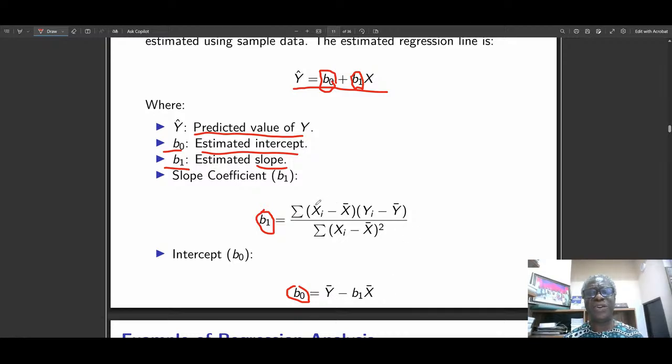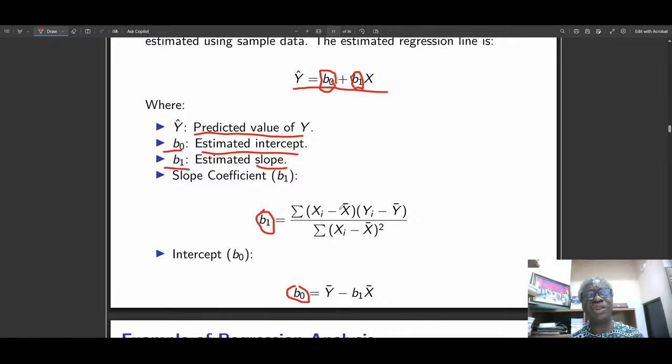You are already familiar with this. This is the sum of the cross product of the deviations from the mean of x and deviations from the mean of y.